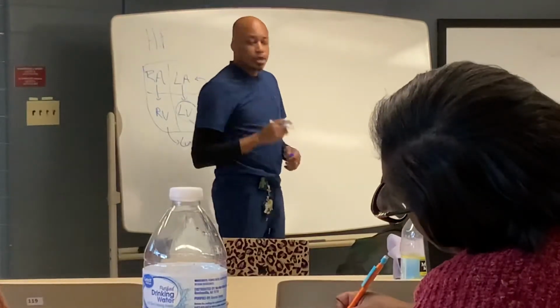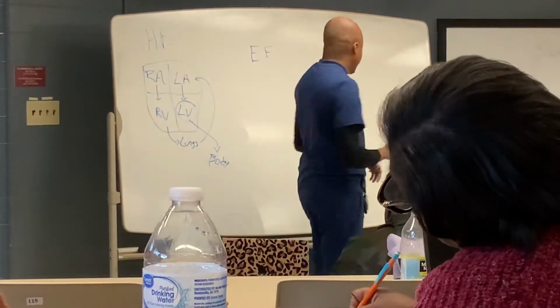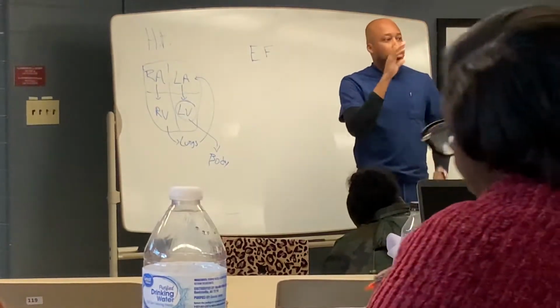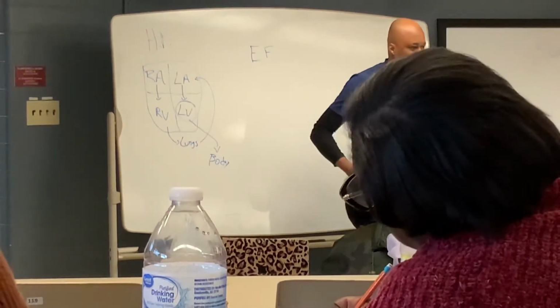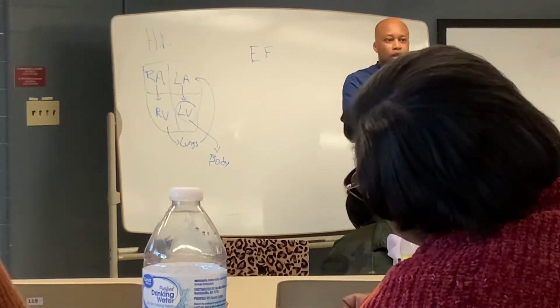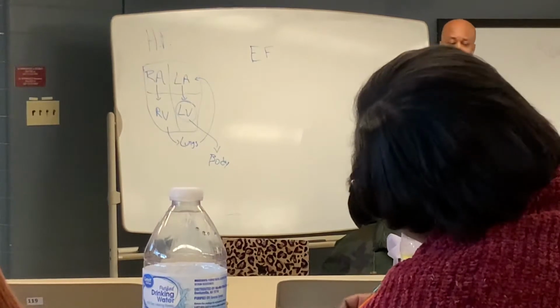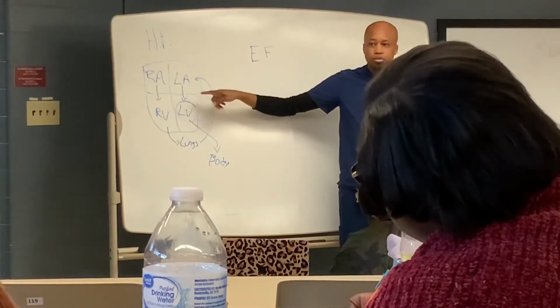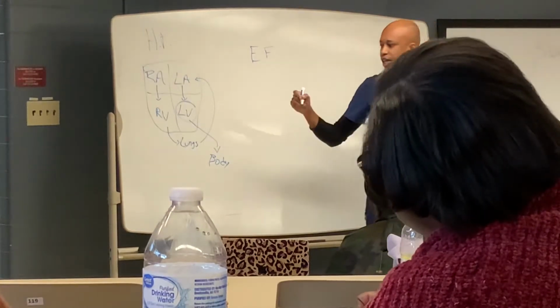In one what? One heartbeat. Okay? So ejection fraction is going to be the percentage. Remember, it's a fraction, so it's not the amount. It's going to be the percentage of blood that is pumped out of this left ventricle in one heartbeat. What's the normal ejection fraction?